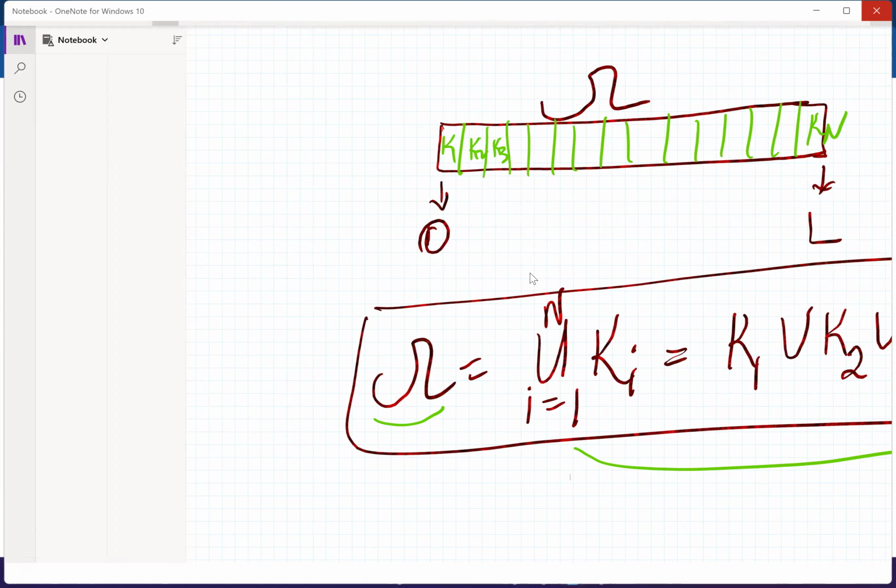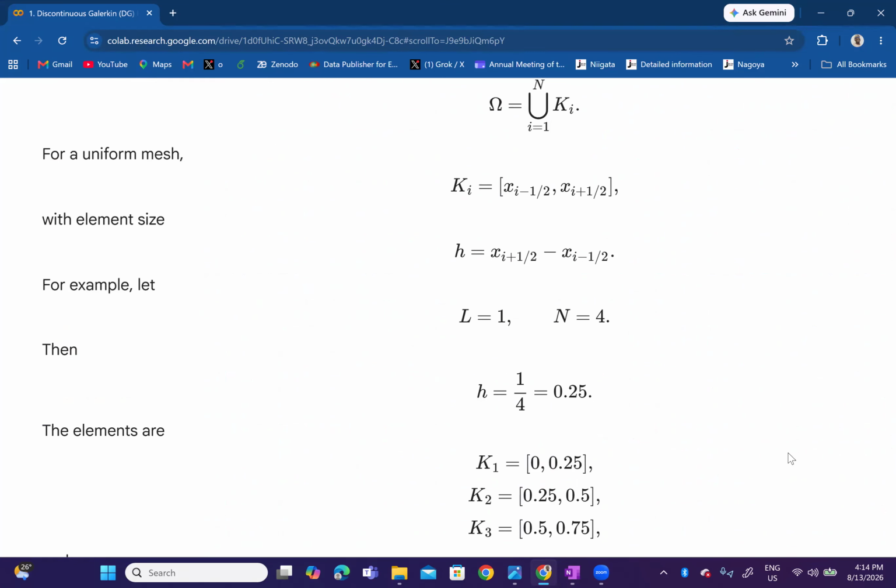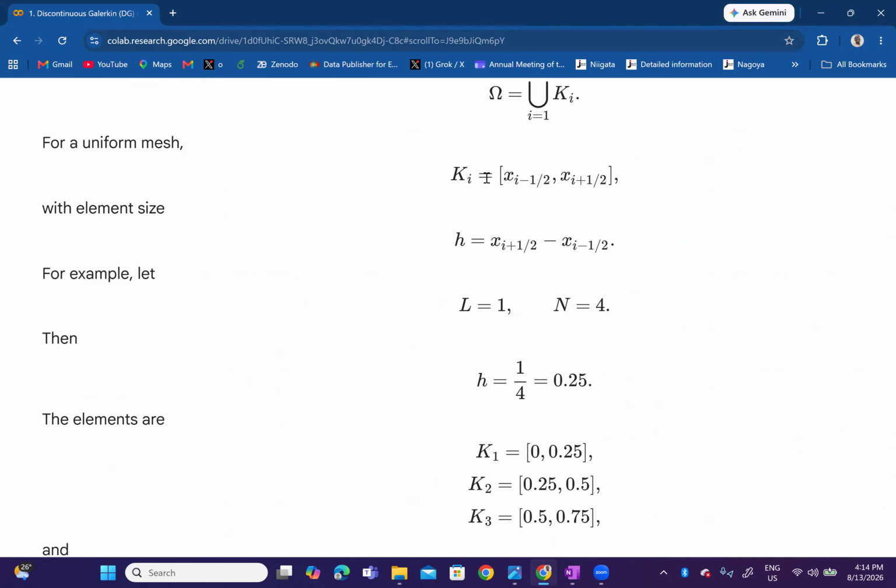So with that in place, for a uniform mesh, we can have Ki as the closed interval of x_{i-1/2} to x_{i+1/2}. And the element size h is the difference between x_{i+1/2} minus x_{i-1/2}.